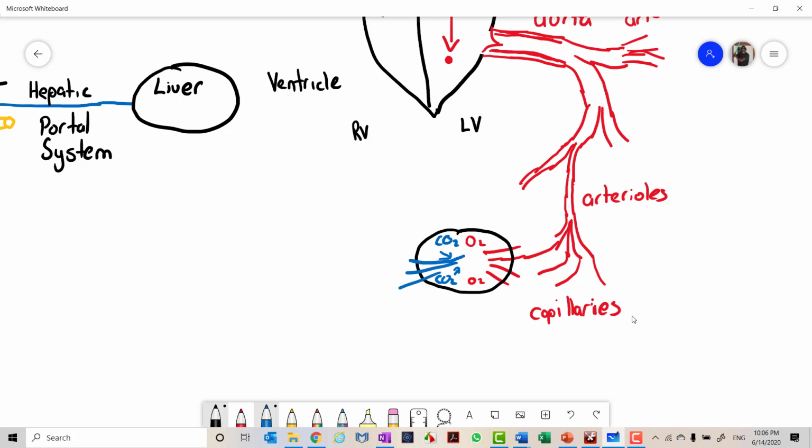So this area where the capillaries are, we call that the capillary bed. So there's a whole bunch of capillaries in there, the capillary bed. And then these capillaries, which are now deoxygenated, are going to return, and a bunch of them will come together from various places, and they'll make up this tiny blood vessel.